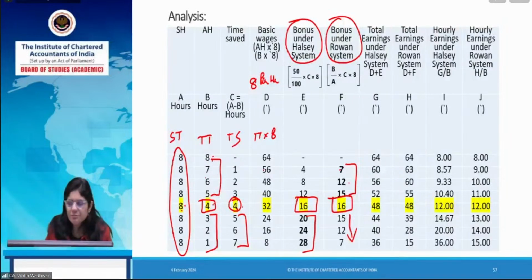So you can write also: if the time taken is more than 50% of the standard time, the Rowan scheme is better, and if the time taken is less than 50% of the standard time, then the Halsey scheme is better. All right. Shall we move further?